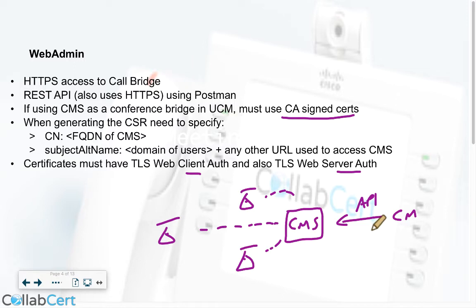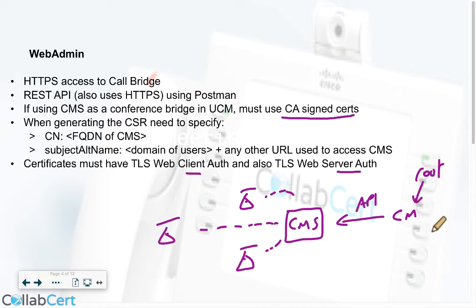Otherwise, the Core Manager cannot trust a self-signed cert that's being presented to it by the CMS. So when you're registering the CMS as a conference bridge in Core Manager, CMS sends that certificate to Core Manager. Core Manager's got to be able to trust it. In order to trust it, it can't be a self-signed cert. Therefore, we have to have a CA signed cert, and we install the root certificate inside the Core Manager Trust Store within the UCM.